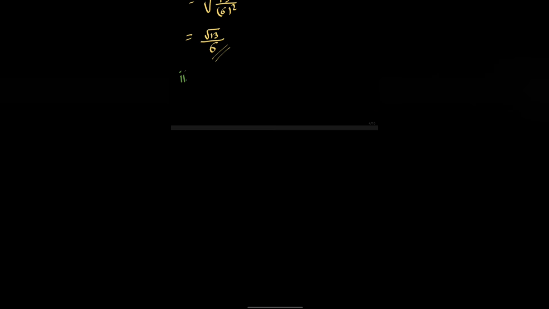Second bit. X square plus y square plus 6x plus 8y minus 96 equal to 0.